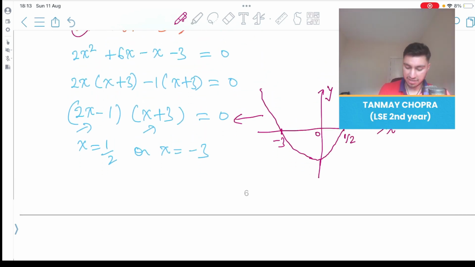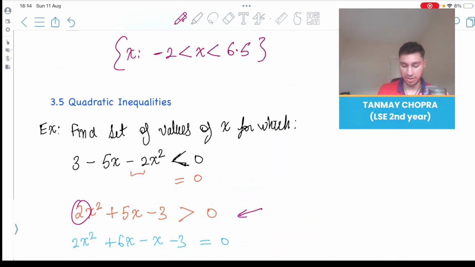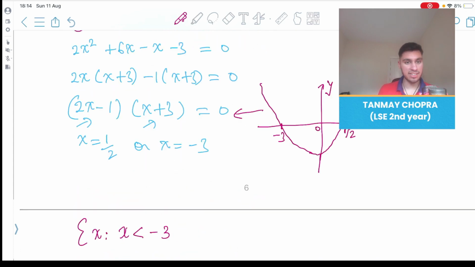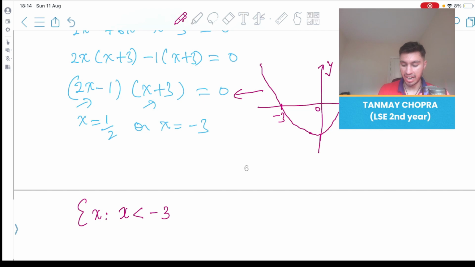I will write x such that, open curly braces, x is smaller than -3. That's what I want. Did I want equal or did I want greater than or equal? No, just greater than. So I'll write this as x such that x is smaller than -3. Union. Union means either this or what I'm going to write next.